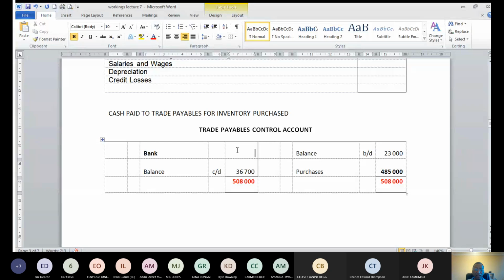And your balancing figure is the amount of 471,300. And that balancing figure is the amount that you have paid your trade payables for the stock that you have purchased.